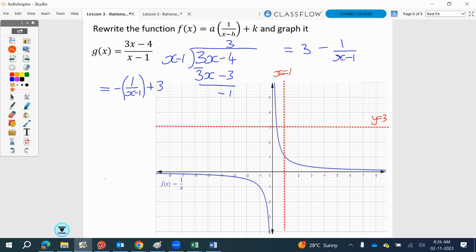1 divided by 1, 3 minus 1 is 2. The circle remains 2. Okay, one more minute for this.